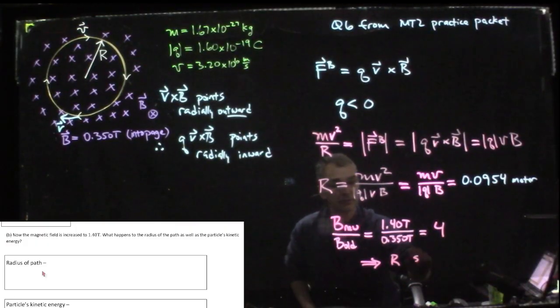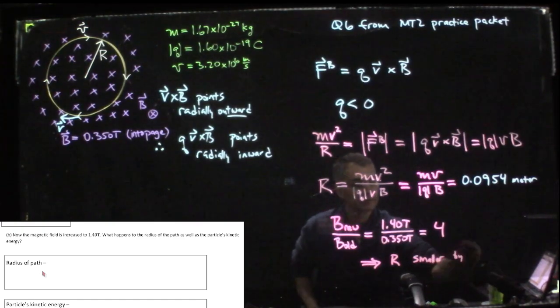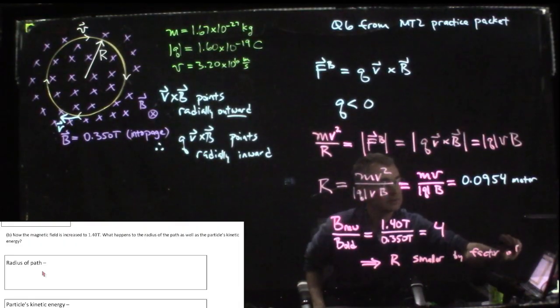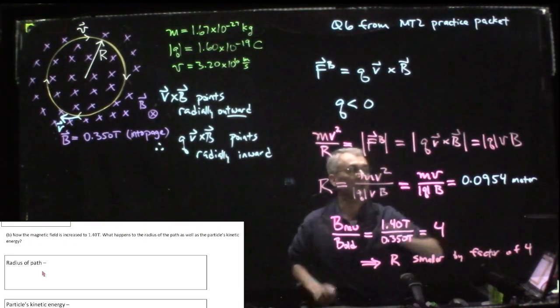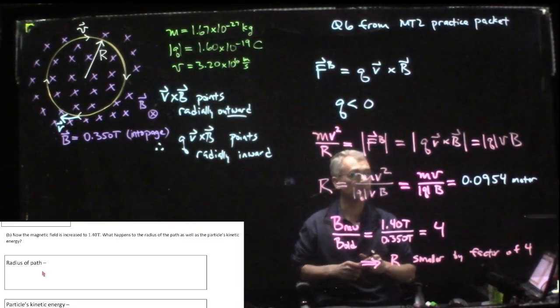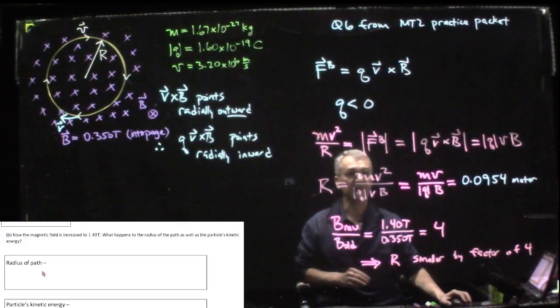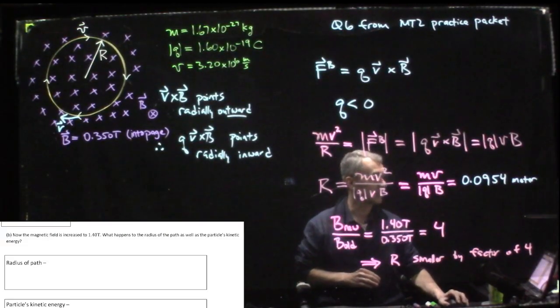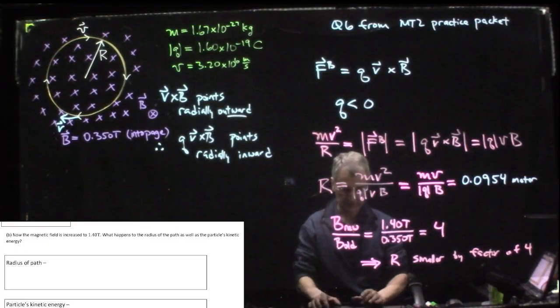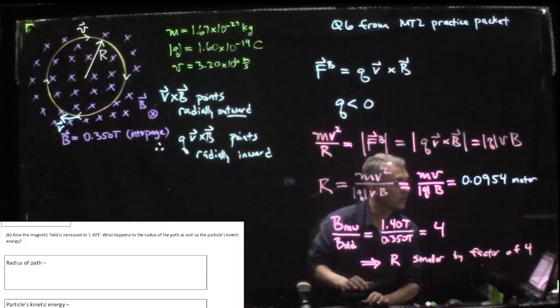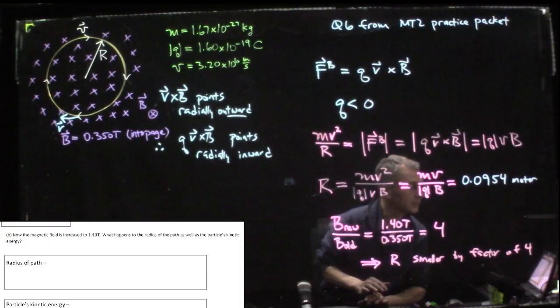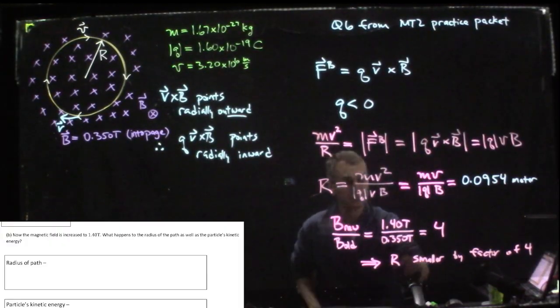So R becomes smaller by a factor of 4. In other words, instead of 0.0954 meters, we must have 0.0239 meters.